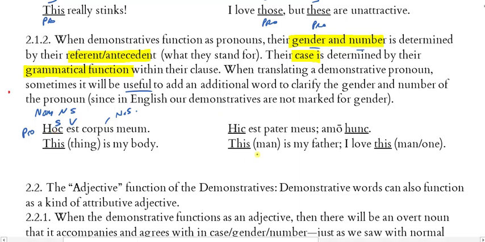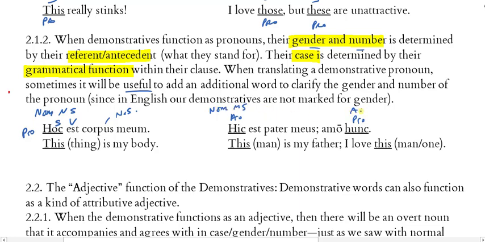All right? Over here on the right, I have hic est pater meus, amo hunc. Okay? So here I have a pronoun, demonstrative use, but no noun that it modifies, so it's not a demonstrative adjective. Okay? And then it's nominative, masculine singular here.